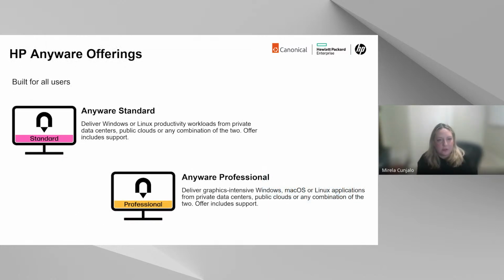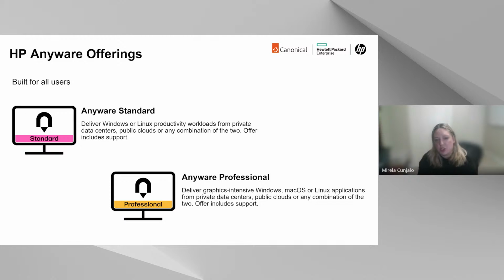Highlight just for you to be aware that there are 2 ways to get Anywhere, standard and professional. The difference is standard is meant for knowledge workers, so anyone who does not need a GPU in the remote desktop, and professional is for typically an engineer or designer, video editorial person, for example.